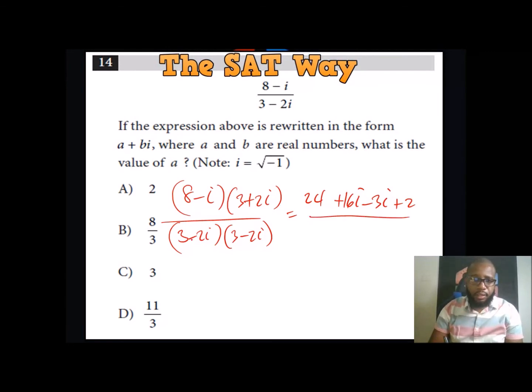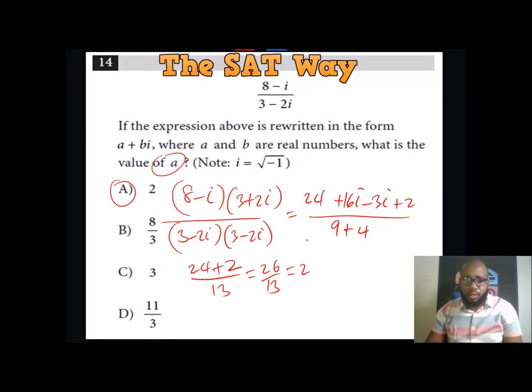My denominator is 9 plus 4. Now, we're only concerned about the value of a. The value of a would be 24 plus 2 over 13, which is 26 over 13, and that's clearly going to be 2. So using this method, we won't need to simplify this as far as we need to go. Remember, on the SAT paper, we only have 75 seconds per question.